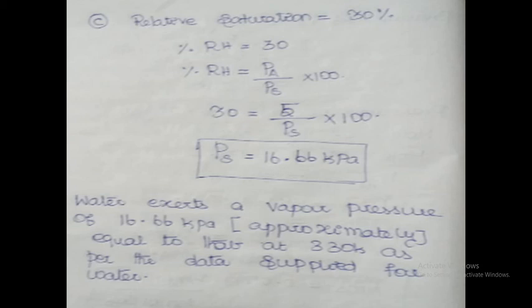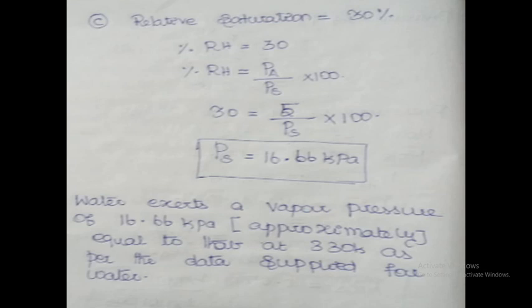Percentage RH and PA values are known, PS is the unknown. So substitute the percentage RH and PA values and find out the PS value for this condition, when the relative saturation is equal to 30%. Are you clear or not? Okay. So the PS is equal to 16.66 kilopascal.